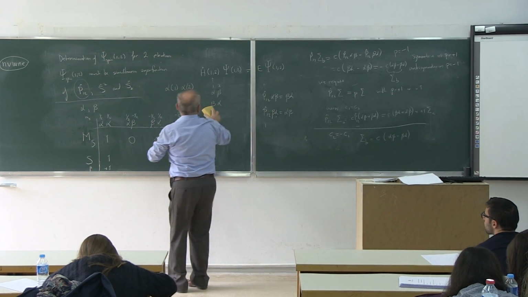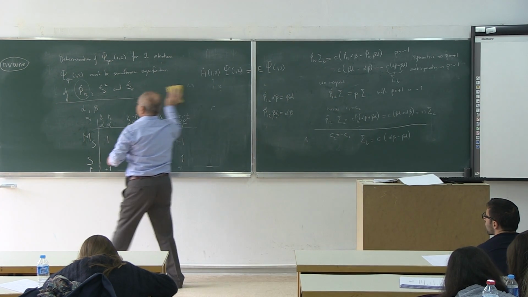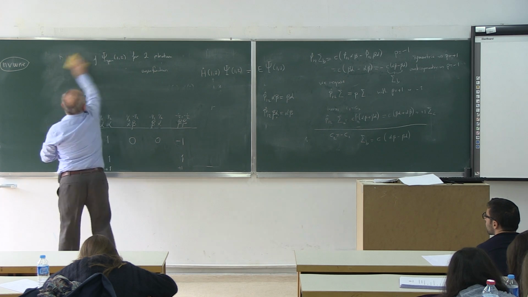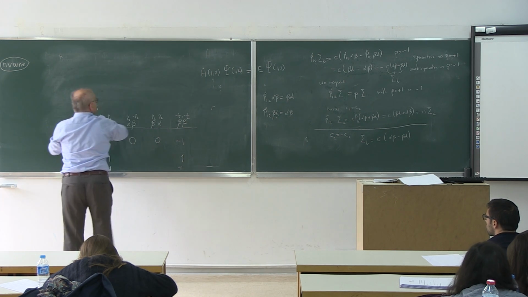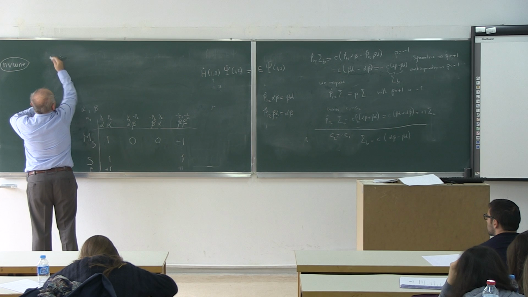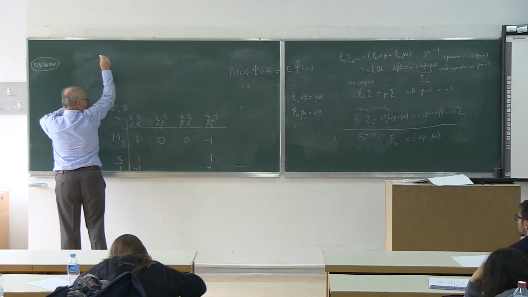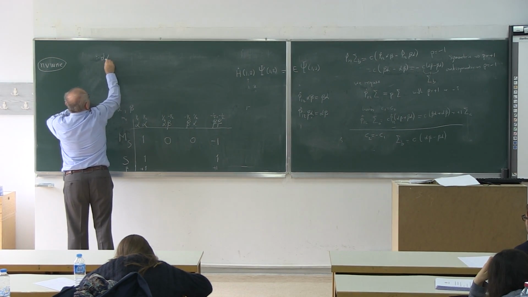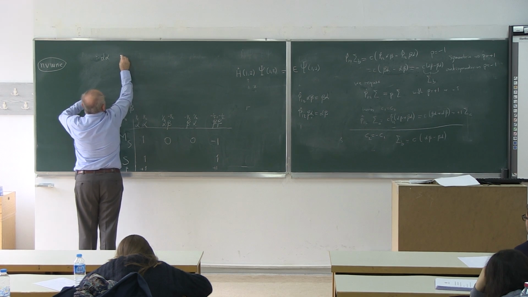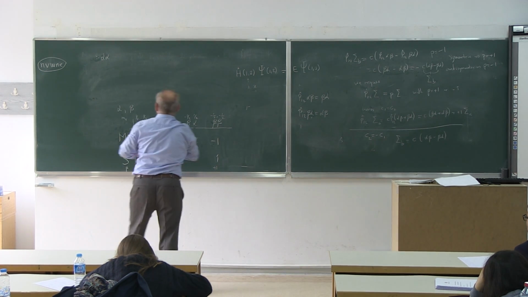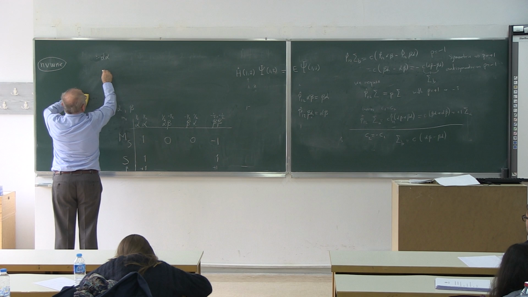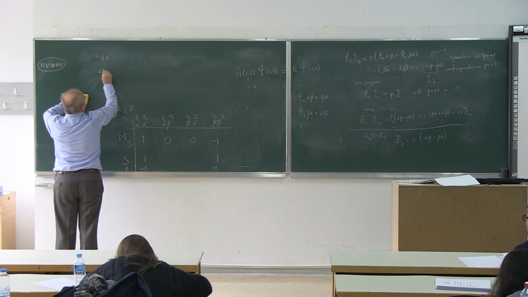Now we can complete our table. We have alpha times alpha. Let us rearrange it this way. Alpha times beta plus beta times alpha times beta.